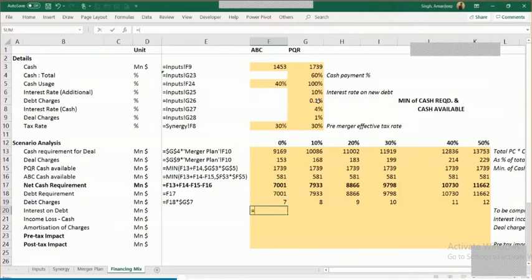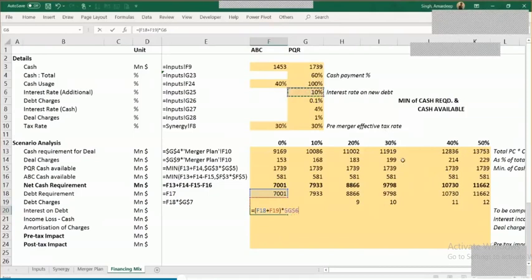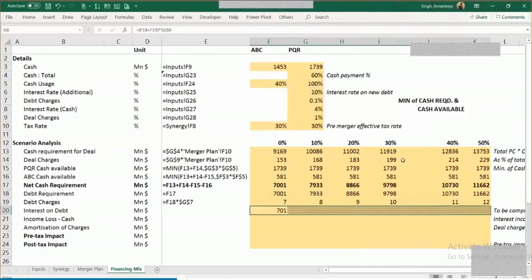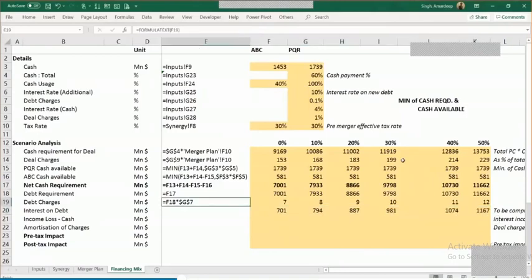So what happens is if I have to compute the interest next time, I'm going to pay 10% interest. It will be 10% of this amount, which you can see on the right hand side. That's going to be the interest expense.